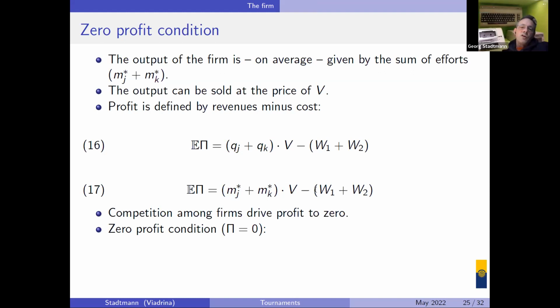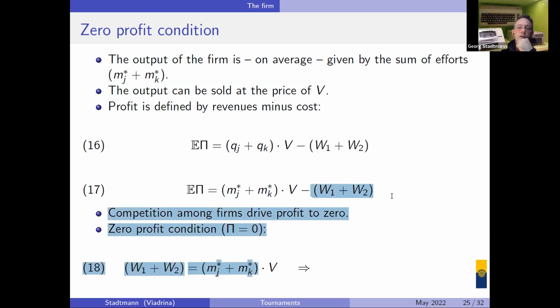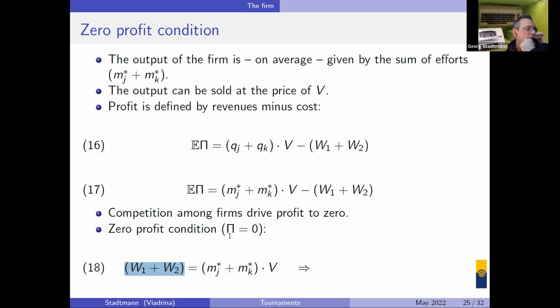Competition drives down the profits to the level of 0. So we can also consider the 0 profit condition here, that revenues have to be equal to the cost. When revenues are equal to the cost, then it is the case that the profit to the firm will be equal to 0.